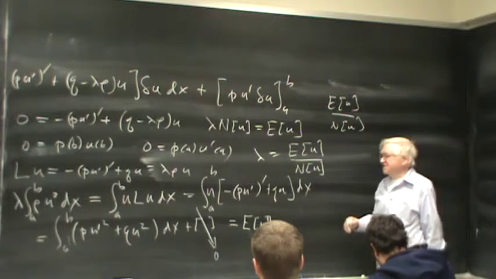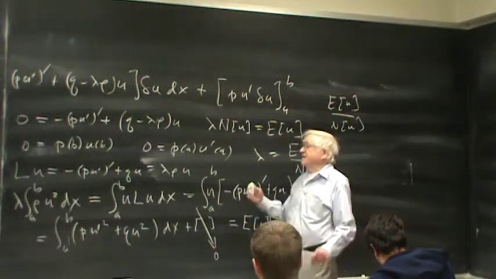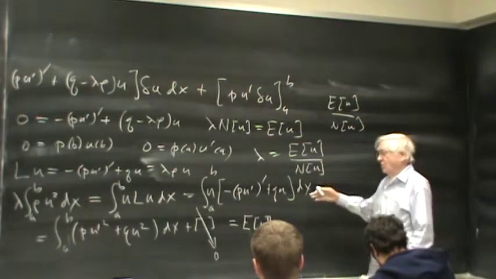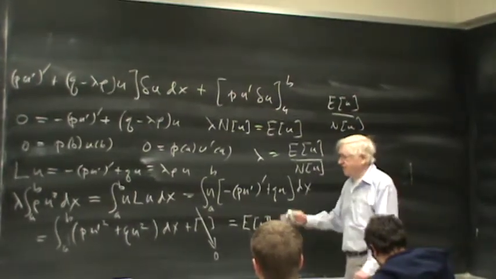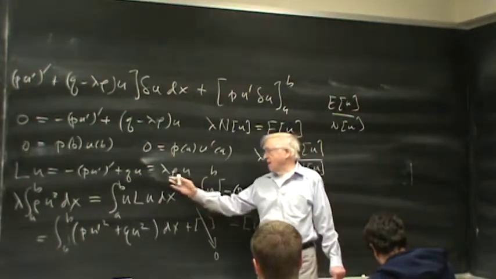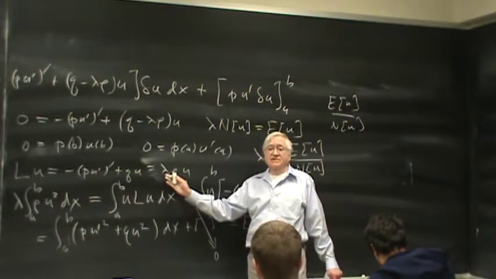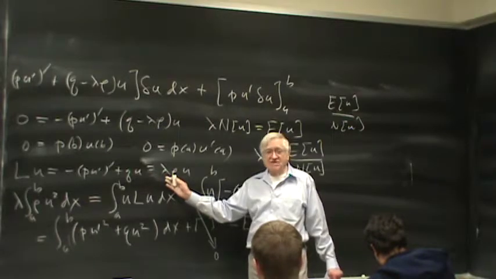Then you find that the function that minimizes this ratio is the second eigenfunction, for the second smallest eigenvalue.